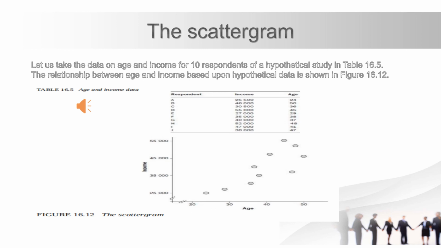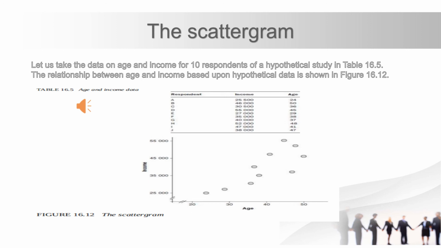In figure 16.12, this is an example of your scattergram. Let us take the data on age and income for 10 respondents of a hypothetical study in table 16.5. The first table shows the age and income data. We have the respondents on the left side, then the first column is your income, and the other one is the age.